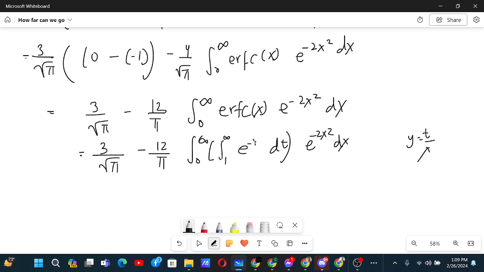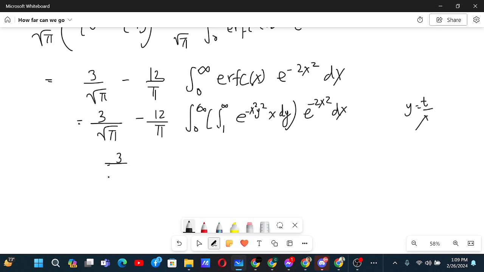So that will be x square y square, and dt will be x dy. Now this is a nicer one, and now this can be simplified after we change the limits of integral.